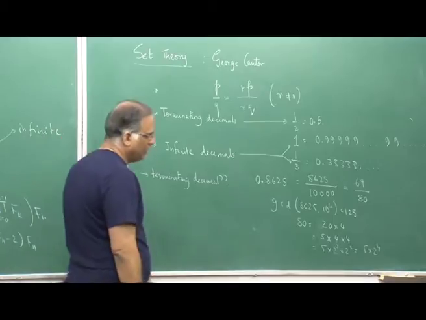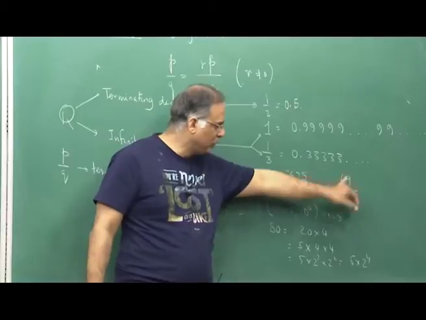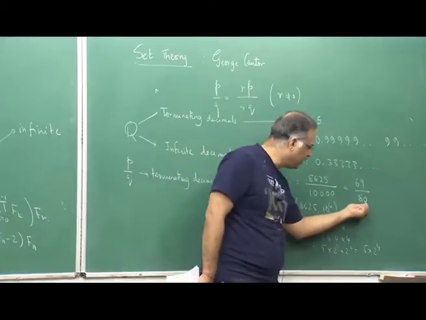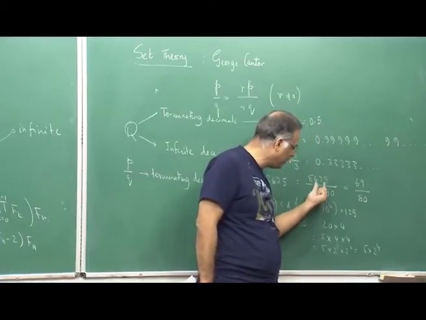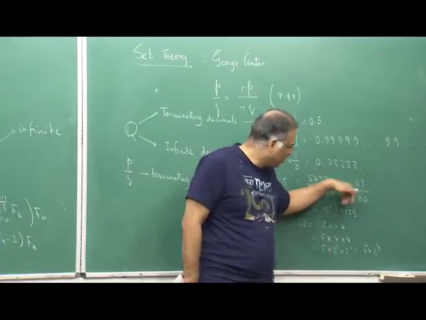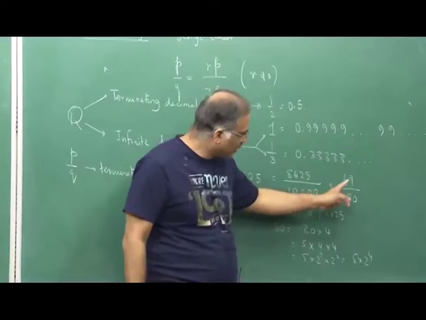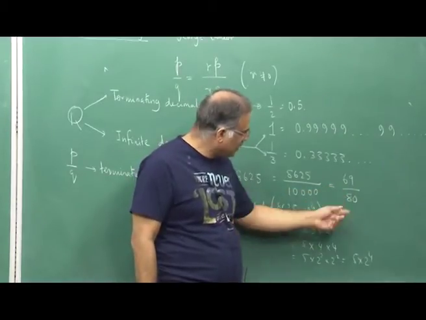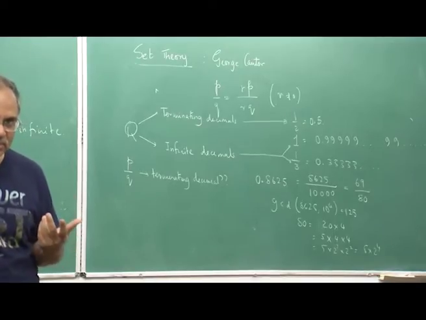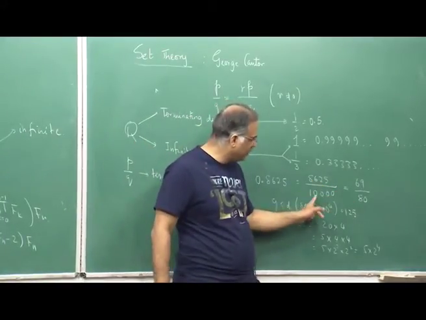So, what is happening is that because you are ultimately dividing by the GCD to get P by Q in the lowest form, you cannot do any more cross cuttings that you have learnt in school. In this case, what is 80? This number is a factor of the denominator 10,000, because you have divided by the GCD.